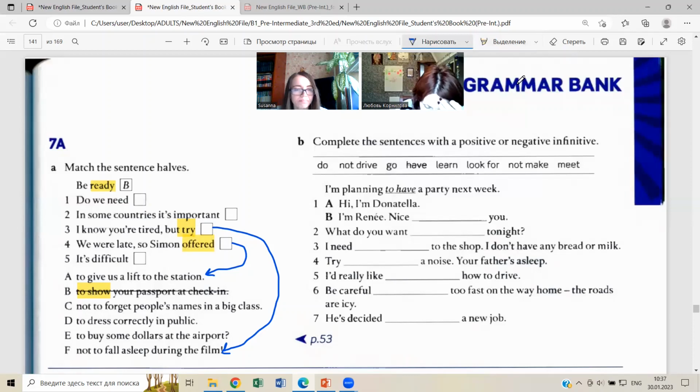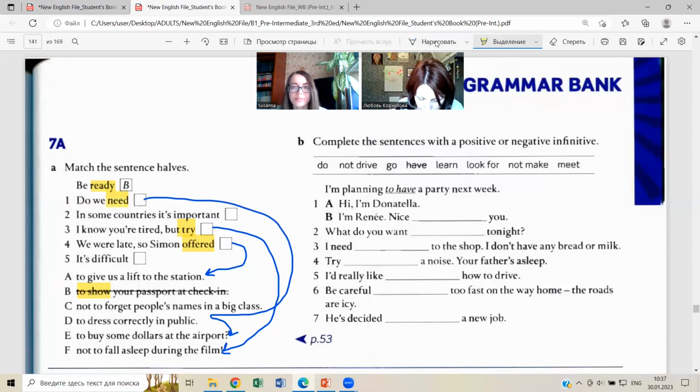So 1, 2, and 5. Do we need to buy some dollars at the airport? It is after need. After verbs. Yes, after need. Correct.